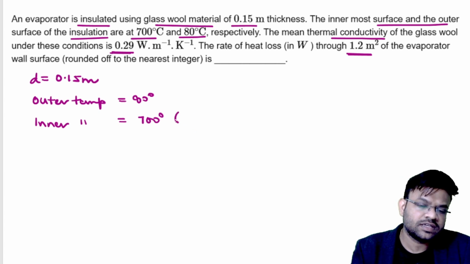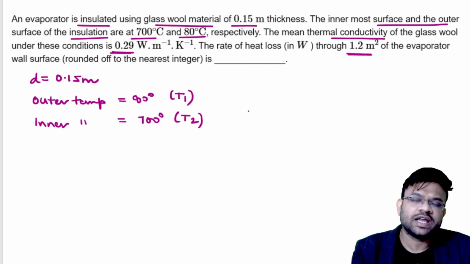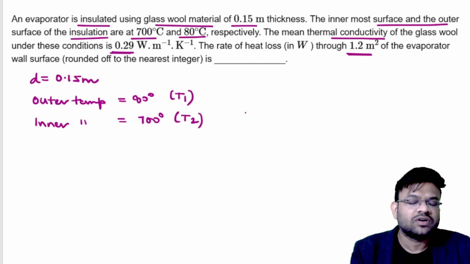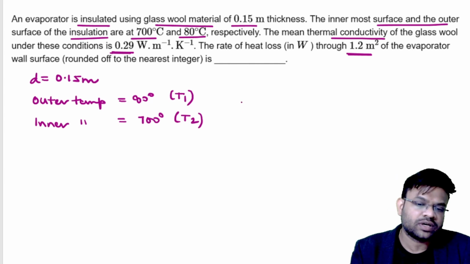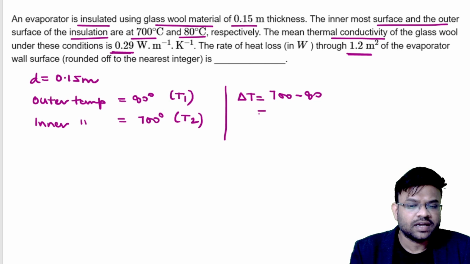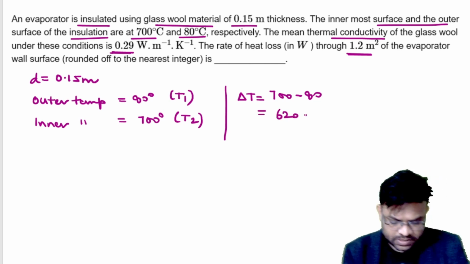Let us say this is T2, this is T1. Obviously I'll have to find out the gradient, or the difference in the temperature of the inner and the outer. So delta T would be equal to 700 minus 80, and this would be coming out to be 620, I believe. Yeah, 620.